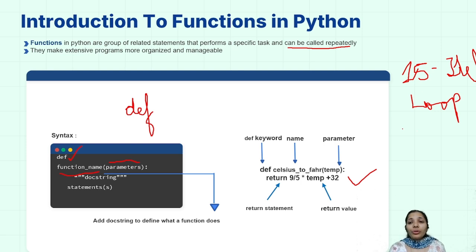If I use the loop concept, I can use a for loop by giving the range, or a while loop by giving the count. And apart from that, I can define a function to print.